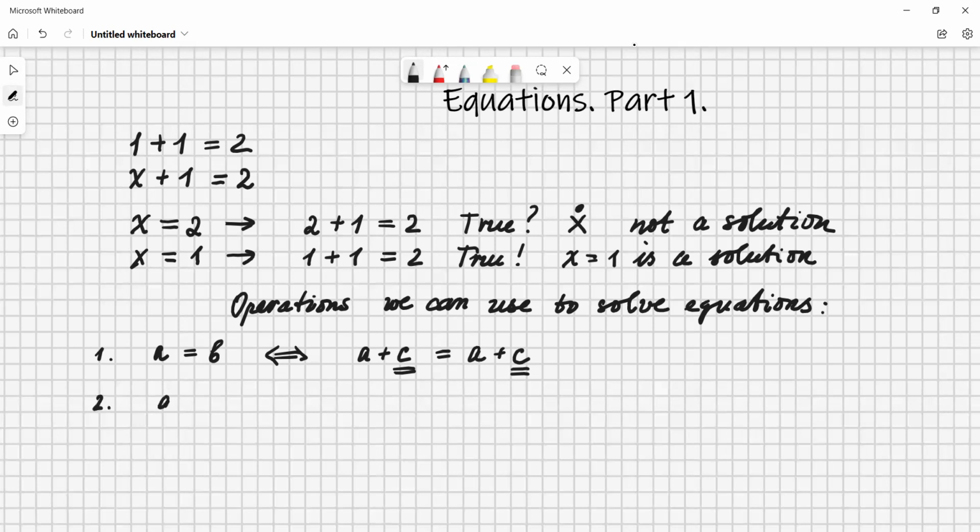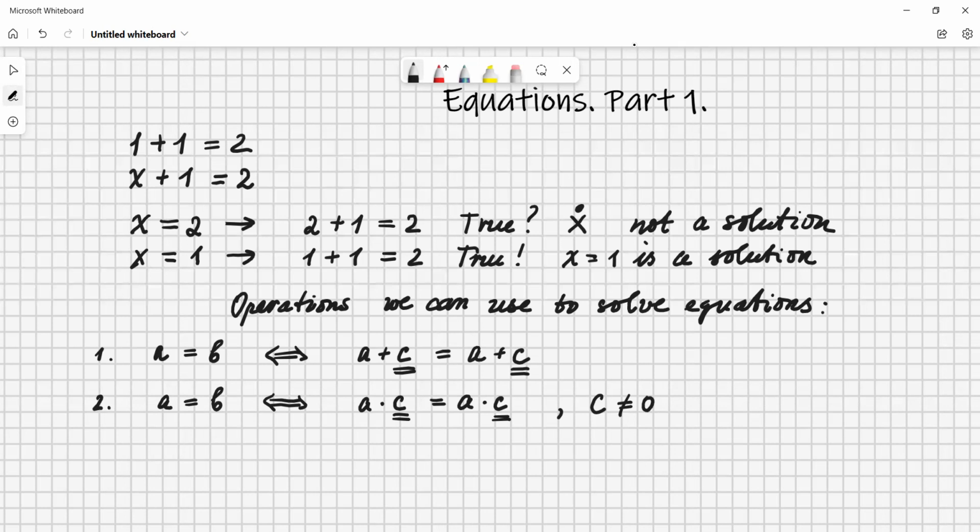Second operation: again, if you have an equation, what else can we do? We can multiply the equation by the same number on the left and on the right. I'm using the same letter C, but here we do have a restriction on C. C is not supposed to be equal to 0, because if you multiply by 0, you are going to get a true statement forever, since anything multiplied by 0 gives 0, and 0 on the left and 0 on the right is always true, no matter what A and B were.